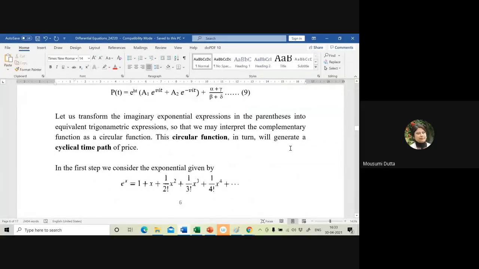Okay, now I am using several mathematical as well as trigonometric concepts. Simply, mathematical and trigonometric concepts. This is not related to economics, and therefore we are finding the things to be a bit difficult.